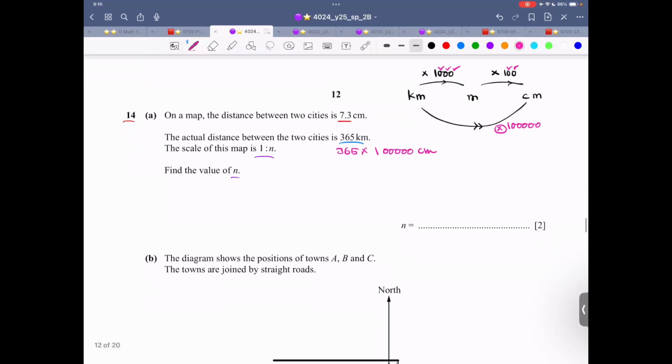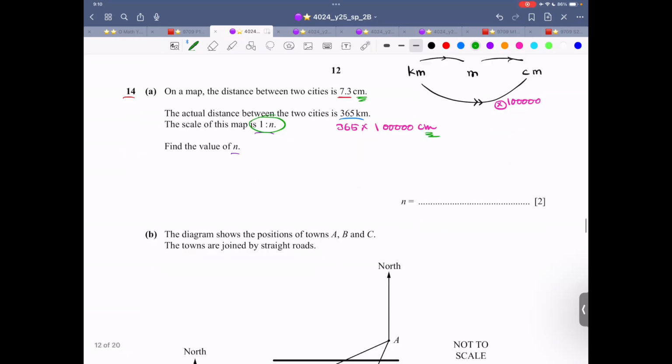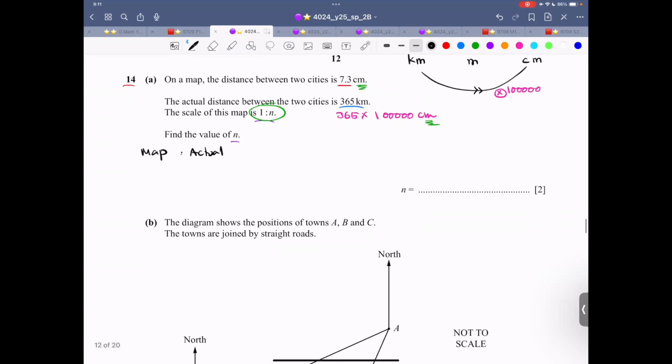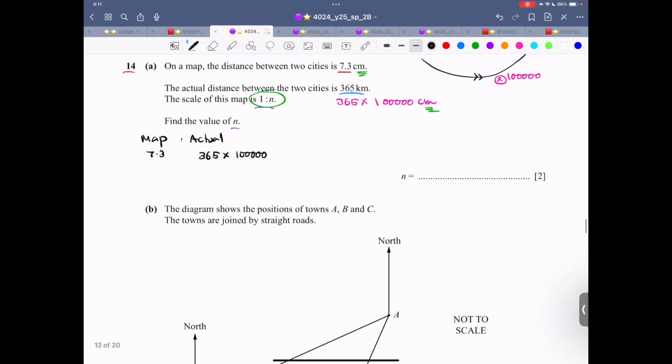Now, why do we need this? We need this because unless and until the units are the same, I cannot have a ratio. So therefore, I'll write this. That is over here, map. This is actual. Map is 7.3 centimeter. Actual is 365 into 1, 2, 3, 4, 5 zeros centimeter. Therefore, on the map, if it's 1 unit, the centimeters have already cancelled out.